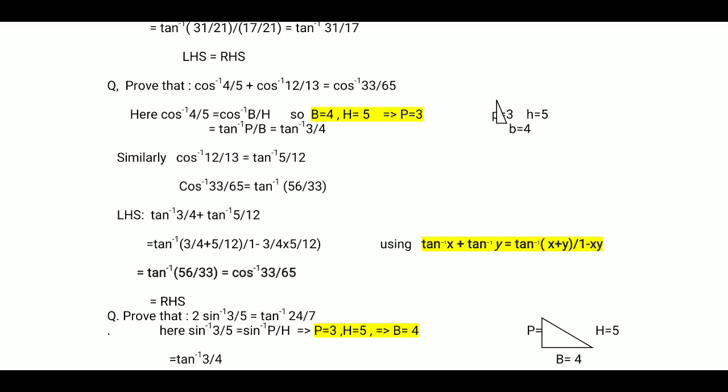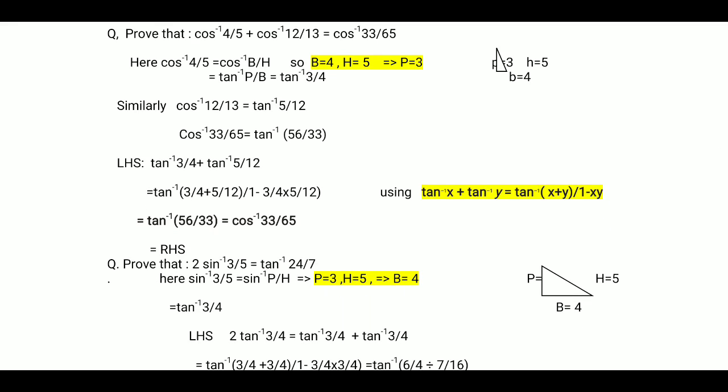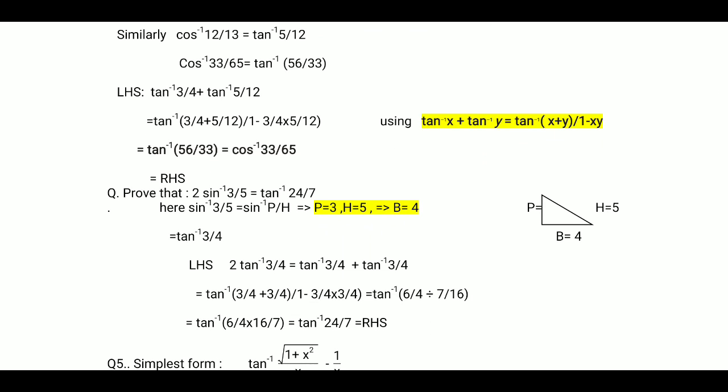So that becomes tan inverse 3 by 4 plus 5 by 12 upon 1 minus 3 by 4 into 5 by 12. After calculation we get tan inverse 56 by 33. And in a similar way we can say that this is cos inverse 33 by 65, using the above method. Thus we see left hand side and right hand side are both equal. So the problem is verified.